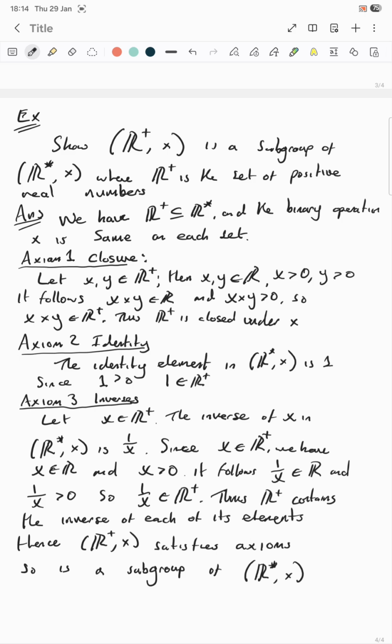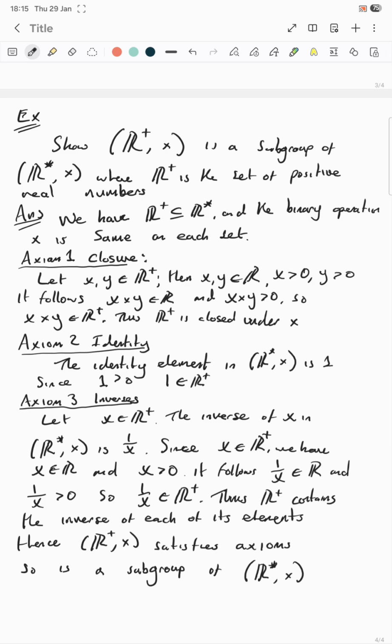Now axiom 1, closure. We check: if x and y are contained in R plus, then xy is contained in R plus. x is greater than 0, y is greater than 0. It follows that x multiplied by y is contained in R, and x multiplied by y is greater than 0, so x multiplied by y is contained in R plus. Thus R plus is closed under multiplication.